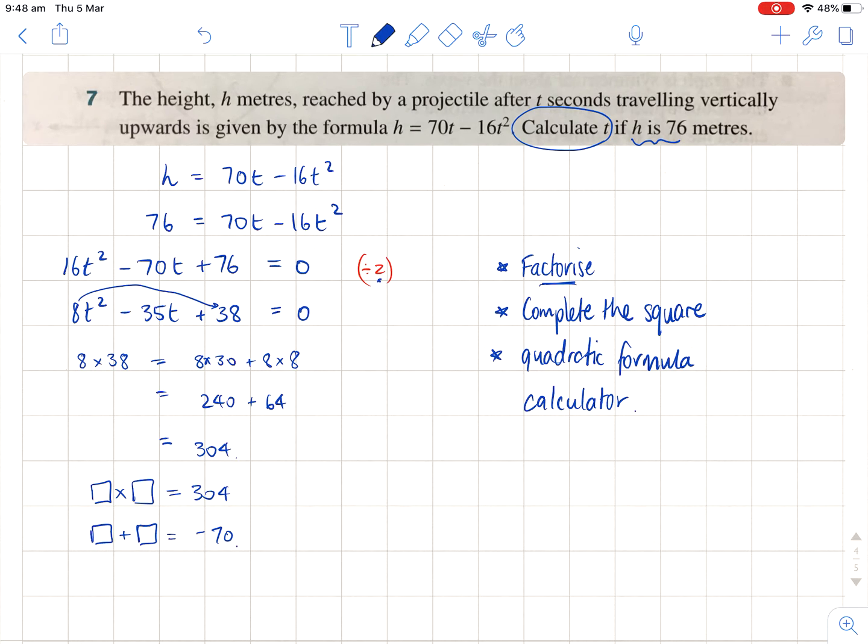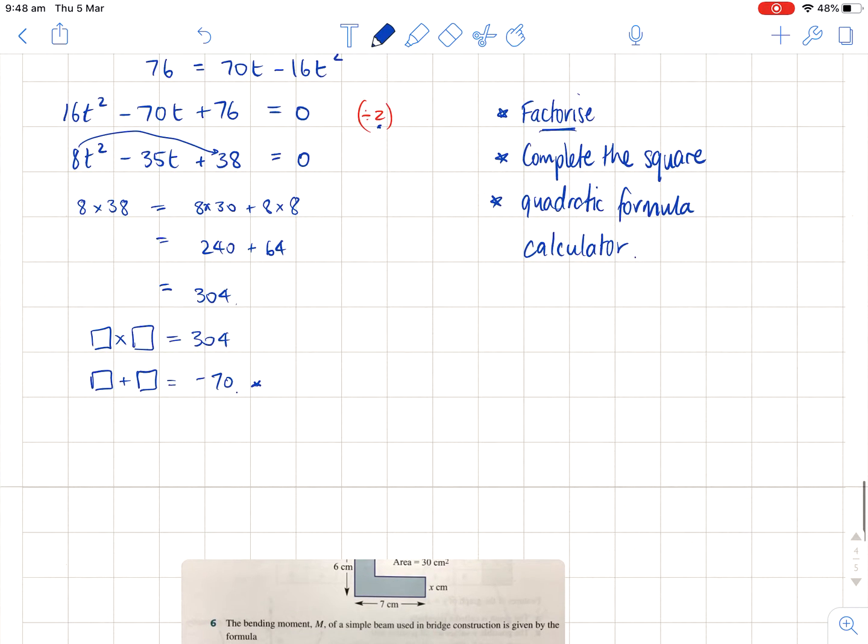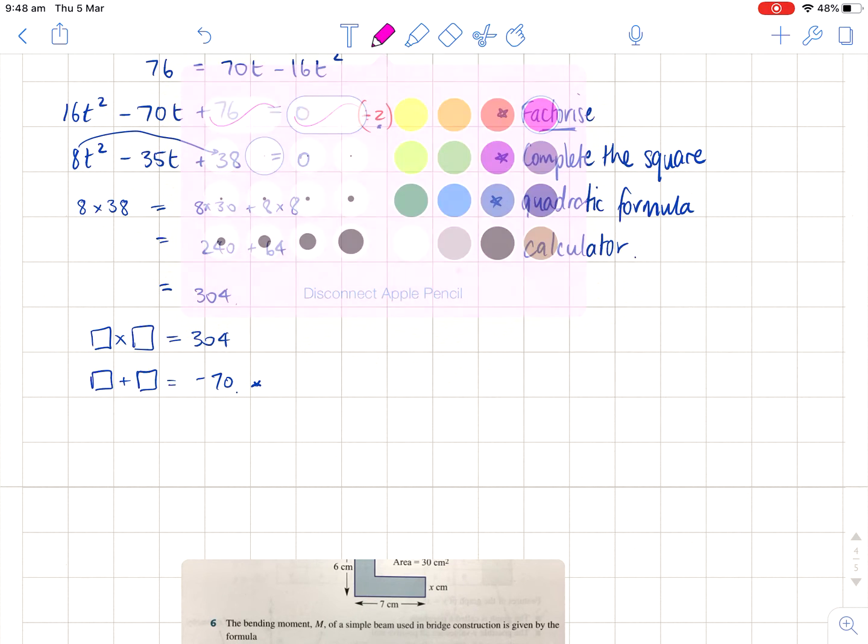That can be a little bit tricky, and I don't even know if they exist. So I think about numbers that add together to get 70 that might multiply to equal 304, and I can't think of any at the moment, so this is horrible to factorise. So what I might try next is completing the square.